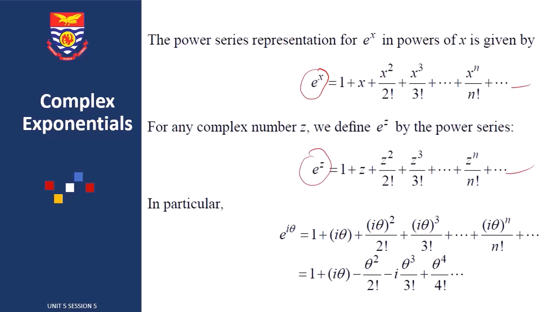In particular, once you deduce that, you can find e raised to the power i theta. Wherever you have x or z, you put in i theta. So it was 1 plus z, plus z squared, you put i theta there, in that order. You simplify further, and you get this expansion.